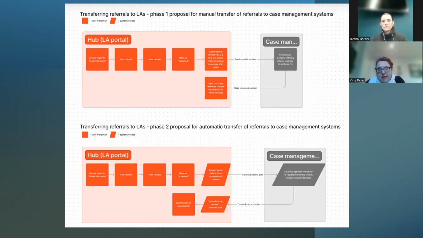We do plan to do a phase two where it's an automatic transfer of data. Now, the reason we're not doing that straight away is simply due to the time constraints on getting the hub up and running.